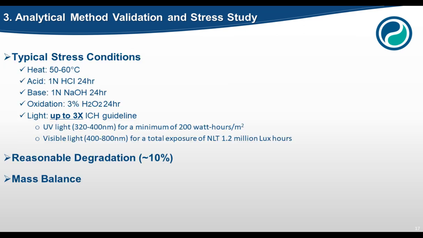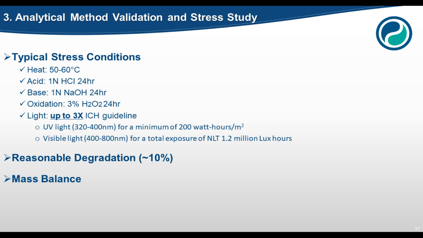This is a list of typical forced degradation study conditions we follow here at Frontage Lab, and the industry follows the same in general. For thermal stress, we normally use elevated temperatures, 50 to 60 degrees, and sometimes even higher.